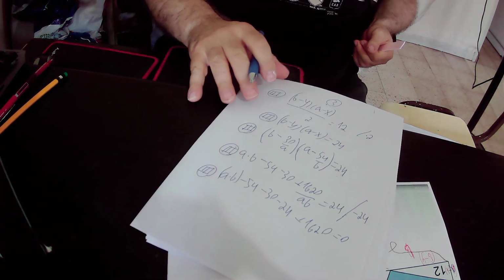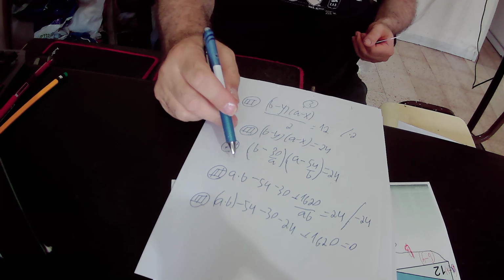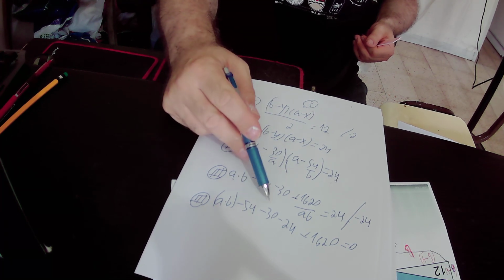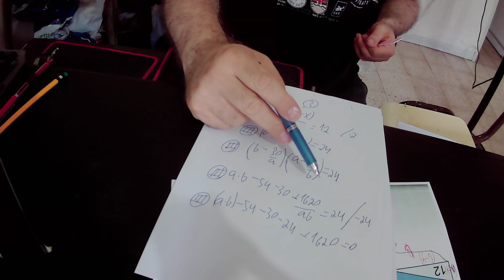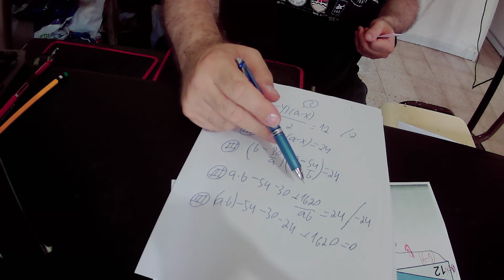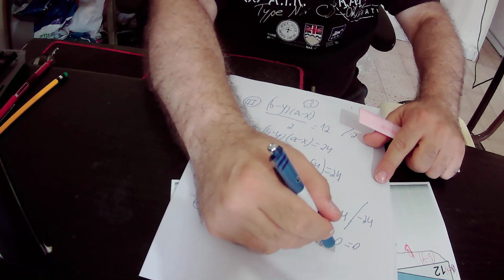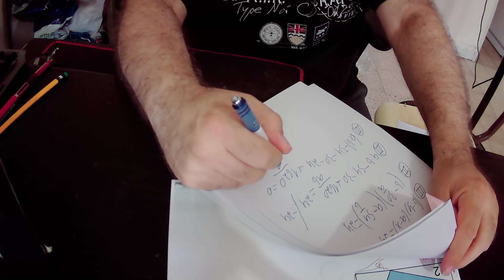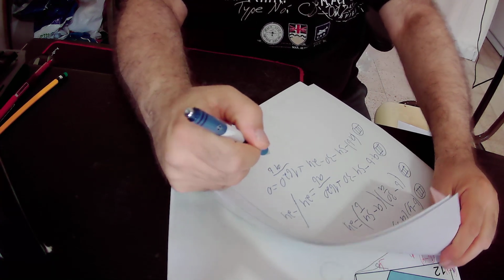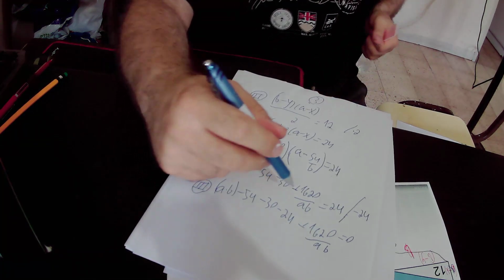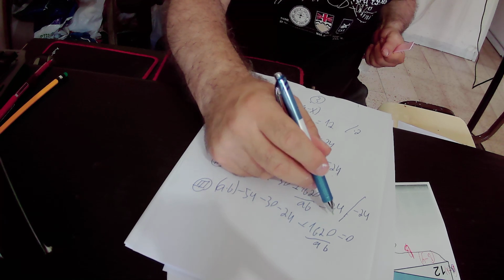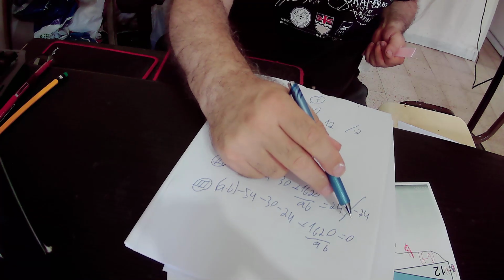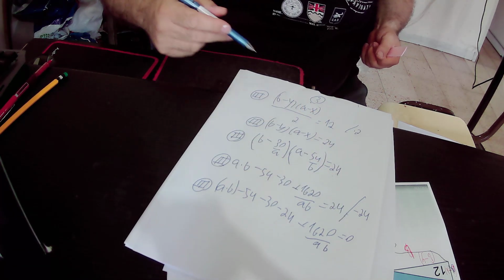We subtracted 24 from both sides of the equation, so we got AB minus 54 minus 30 minus 24, and here is 1620 over AB equals 0.